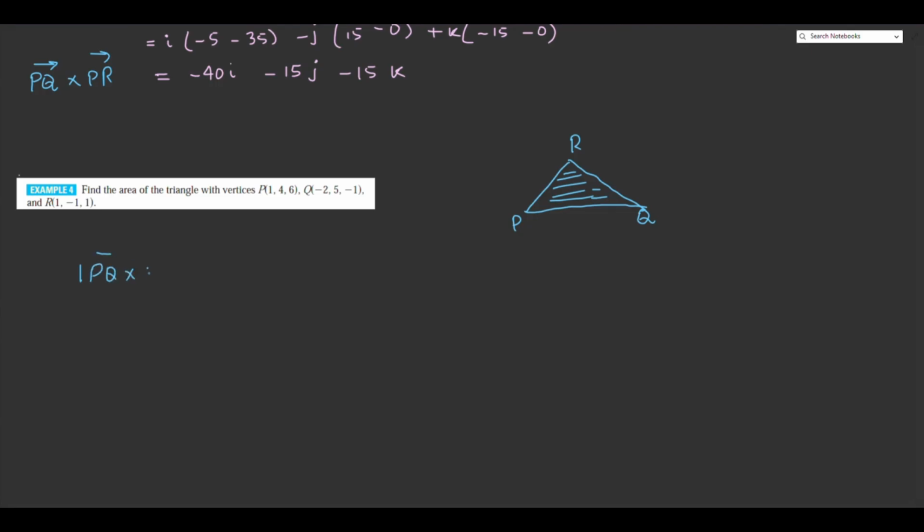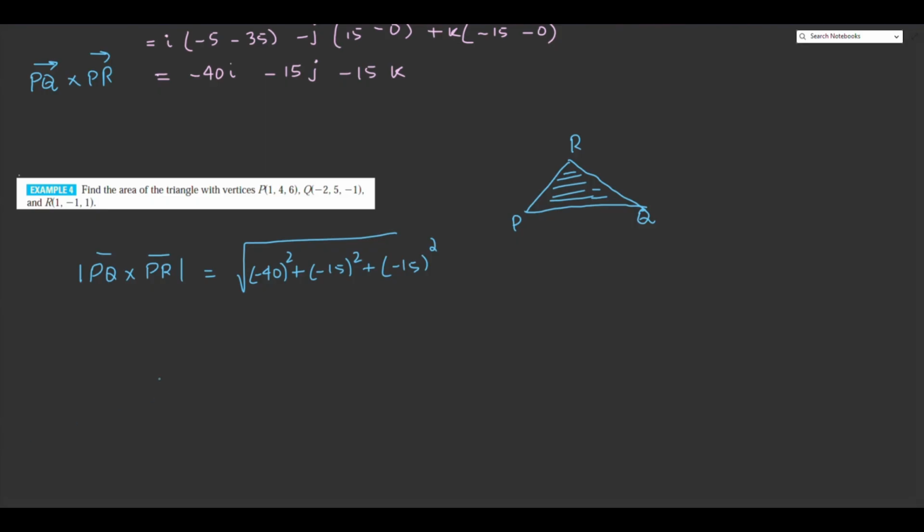PQ cross PR is equal to the square root of minus 40 squared plus minus 15 squared plus minus 15 squared.